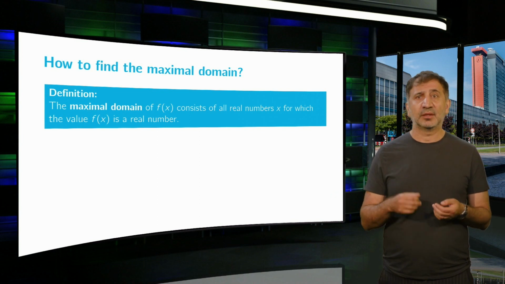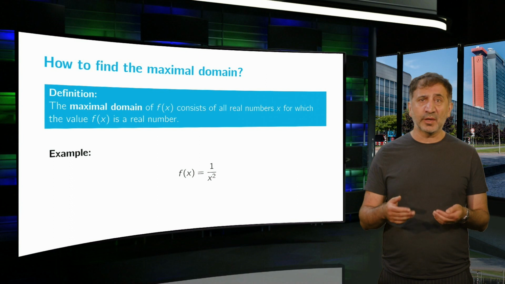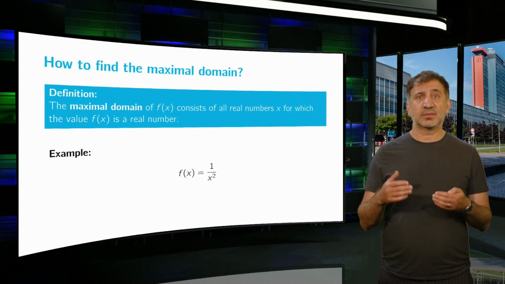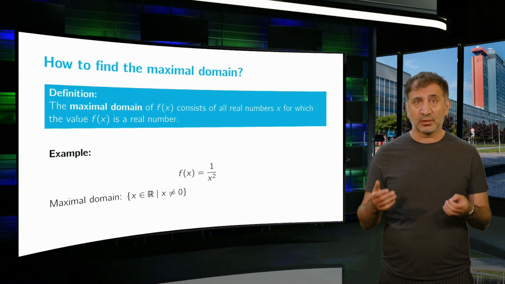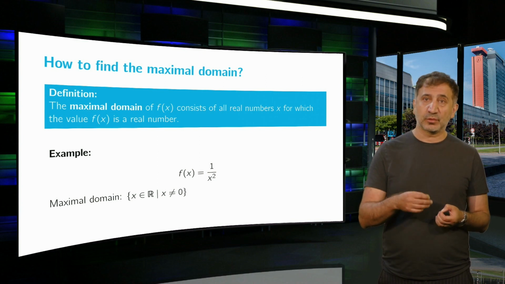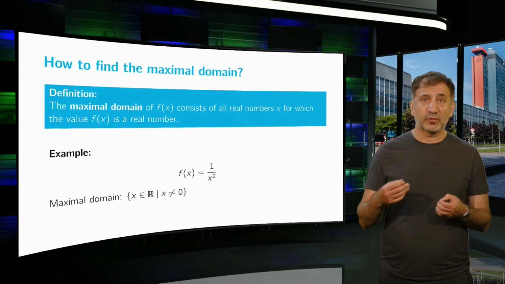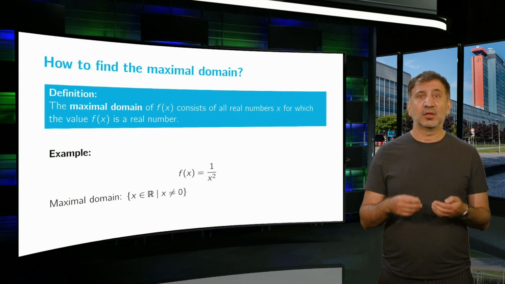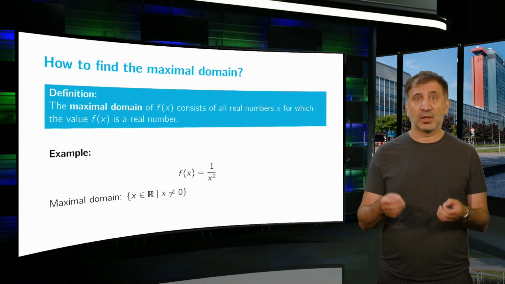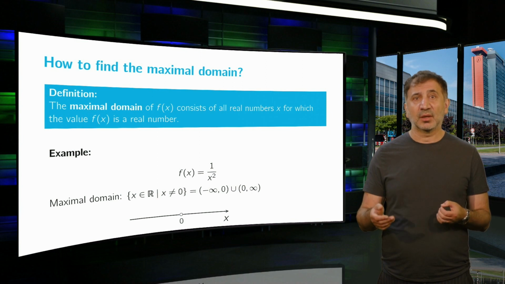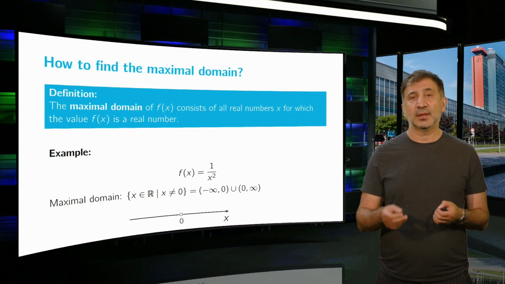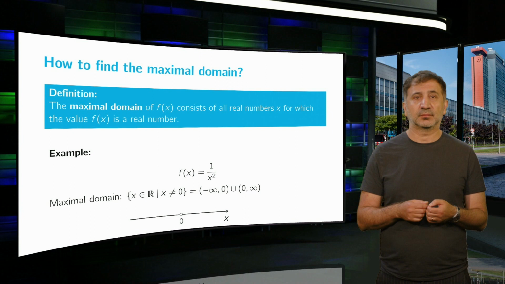For example, the function f of x is equal to 1 over x squared has as maximal domain the set of all non-zero real numbers, R excluding 0, because 1 over x squared is defined for all non-zero numbers x. The maximal domain can also be seen as the union of the open interval minus infinity till 0 and 0 till plus infinity.